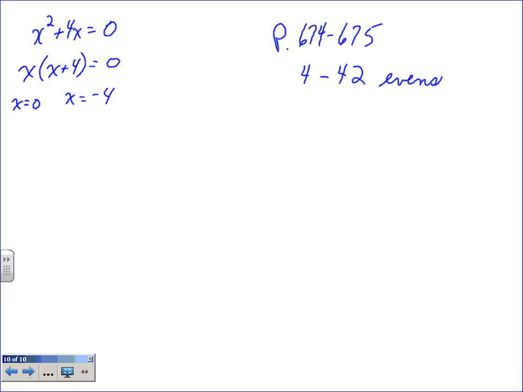Okay? And you're going to see some of the directions say, solve the quadratic equation using any method. So you can use any one of the methods that you want. Okay?